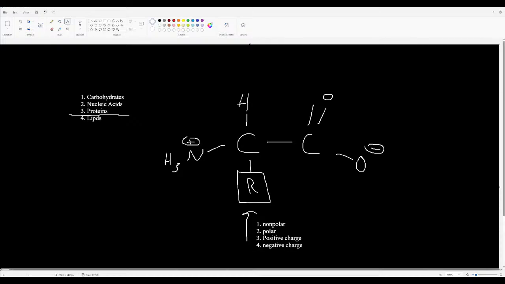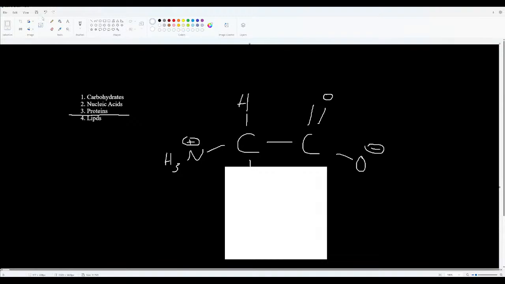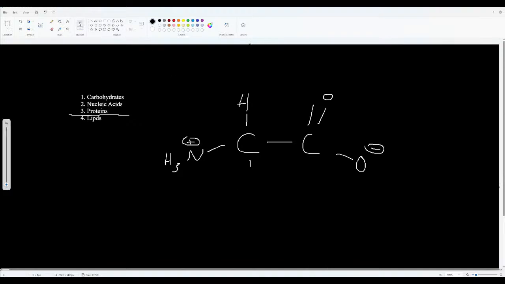So, if we take an example, let's go ahead and delete some of this. And once again with the bond line structure, that's what's going on here.